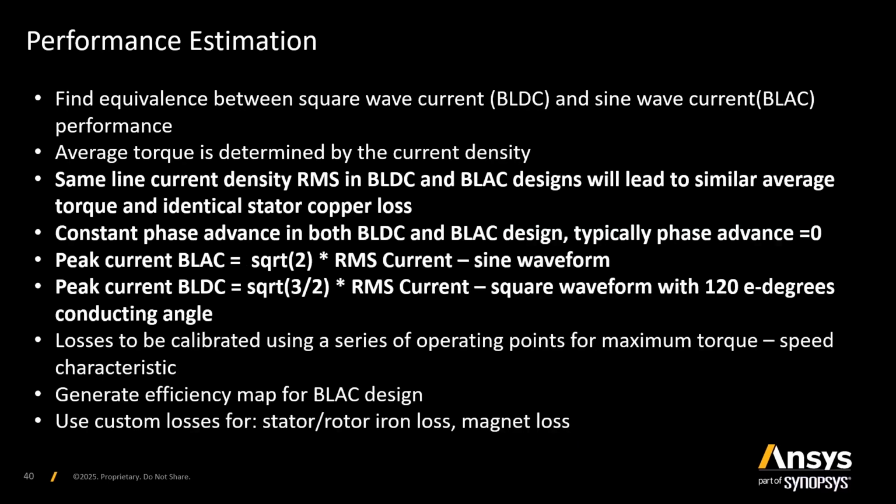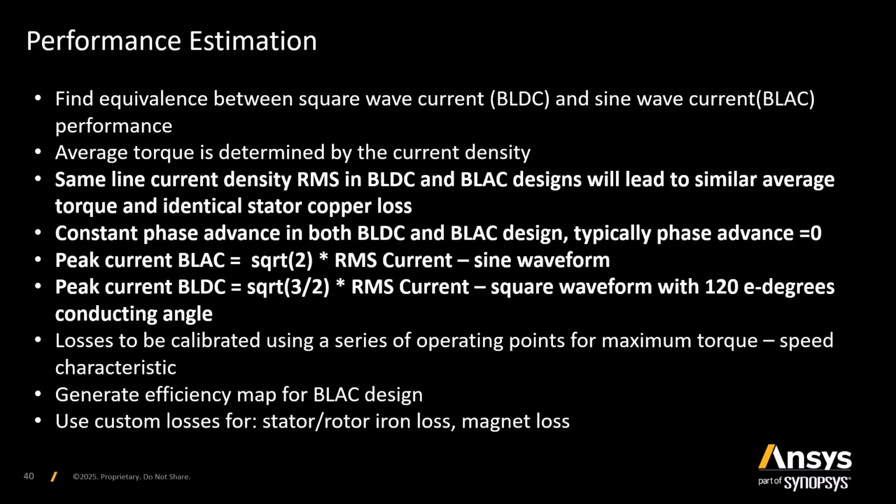Another thing we can do with BLDC machines is quickly investigate the efficiency map. This can be done relying on the equivalence between square wave currents and sine wave currents, based on the fact that the average torque is determined by the current density.